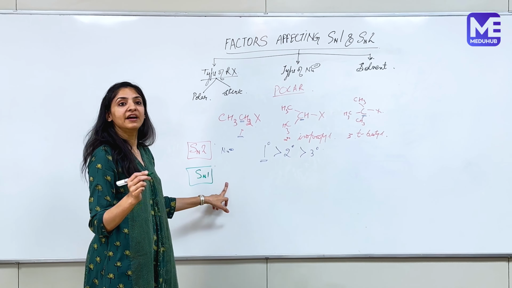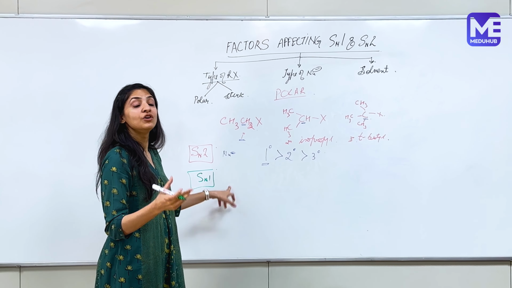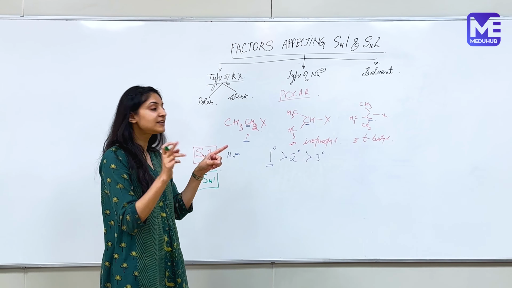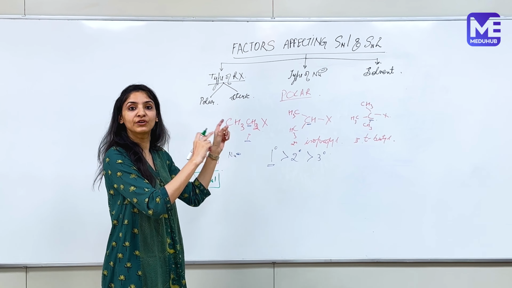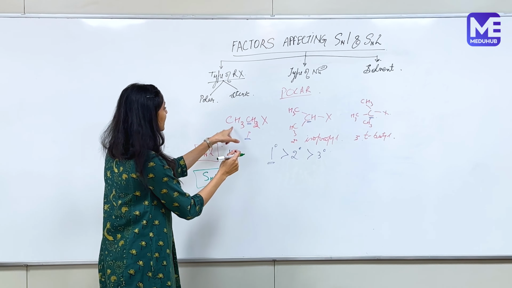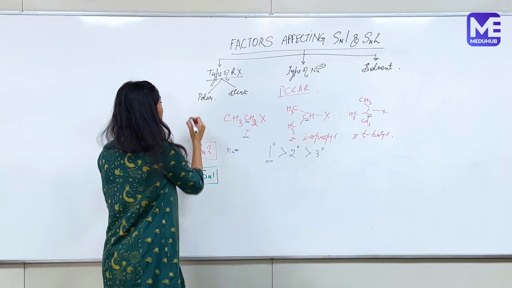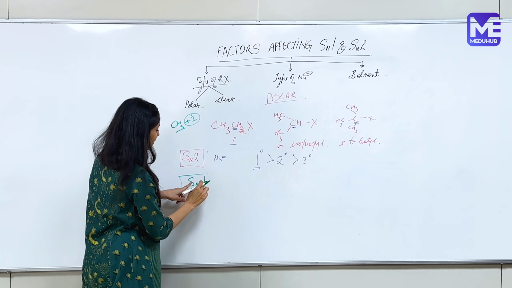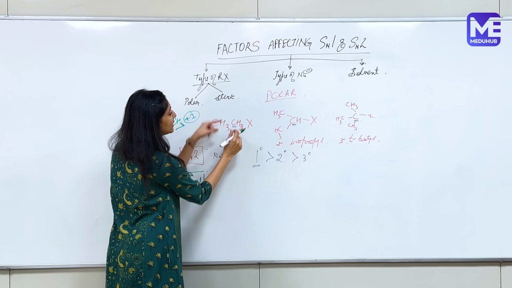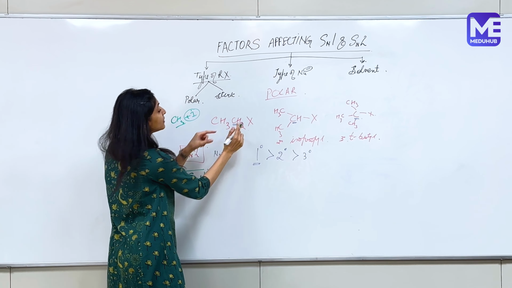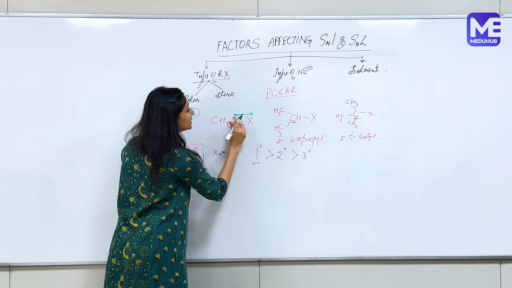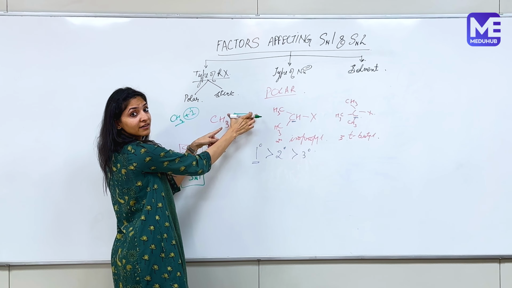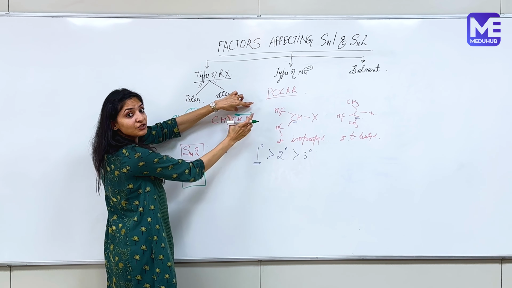In an Sn1 reaction, there is a carbocation formation. For that, the first step is ionization of the alkyl halide to give a carbocation and the halide ion. Again, going by the same logic, the CH3 group has a plus I effect. Because of one CH3 group, the electron density on this will increase. Then the polarizability of this carbon-halogen bond will increase and this will be easier to break.